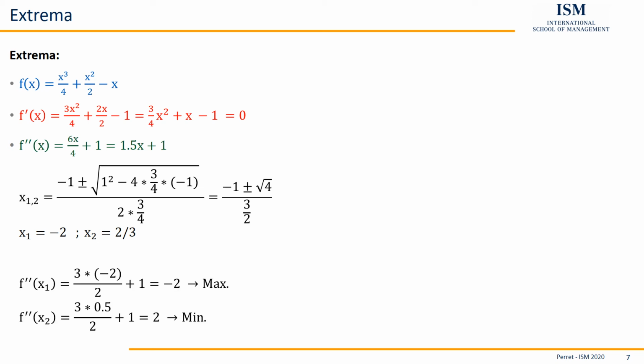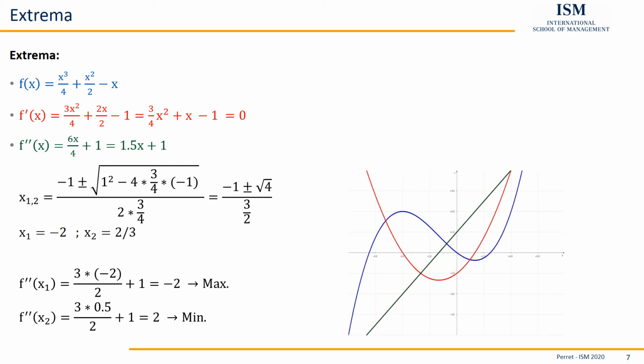If we have the first derivative equal to 0, that's basically a quadratic equation for which we can use the midnight formula, which in our case gives us, as we saw earlier, the two solutions, minus 2 and plus 2/3. Those we can insert then into the second derivative. For minus 2, we get as a result minus 2 as well, which implies, as it's negative, that we have a maximum.